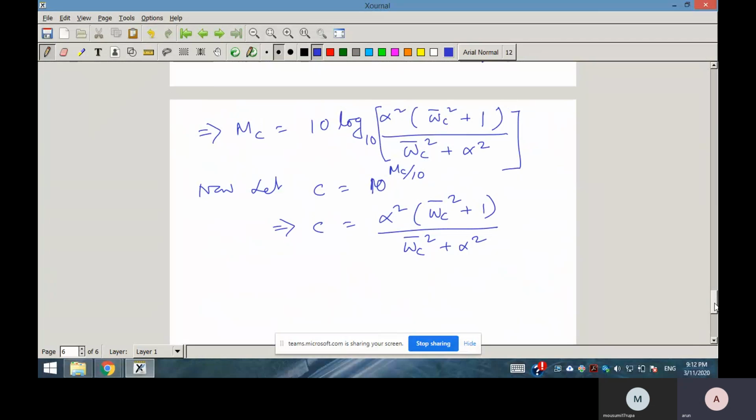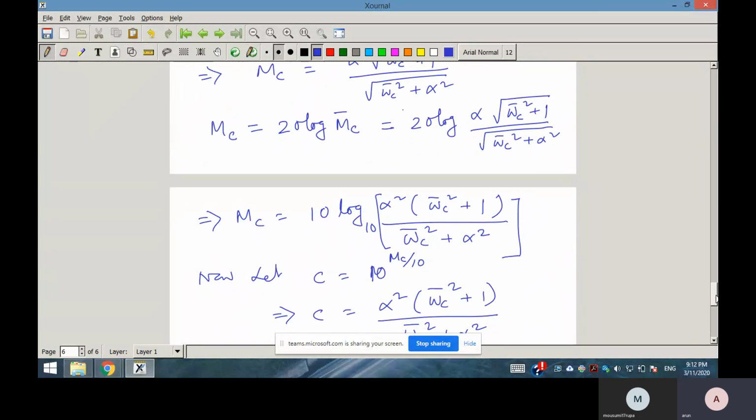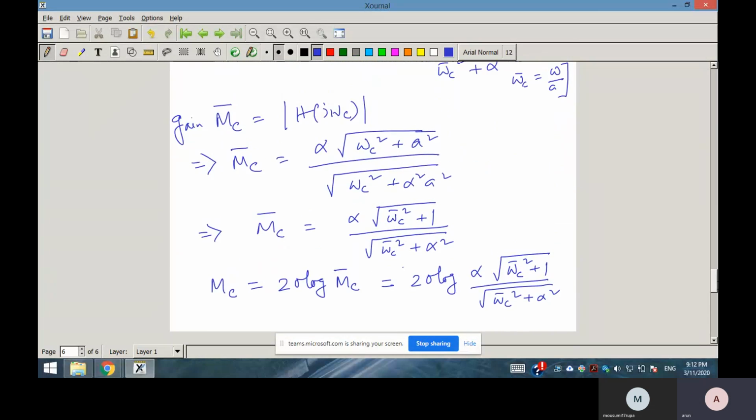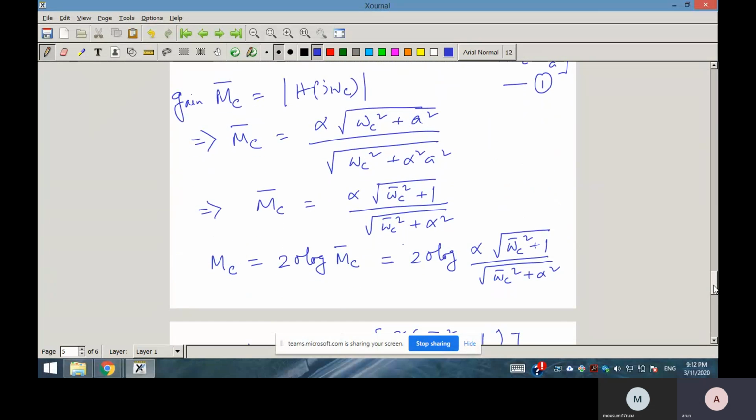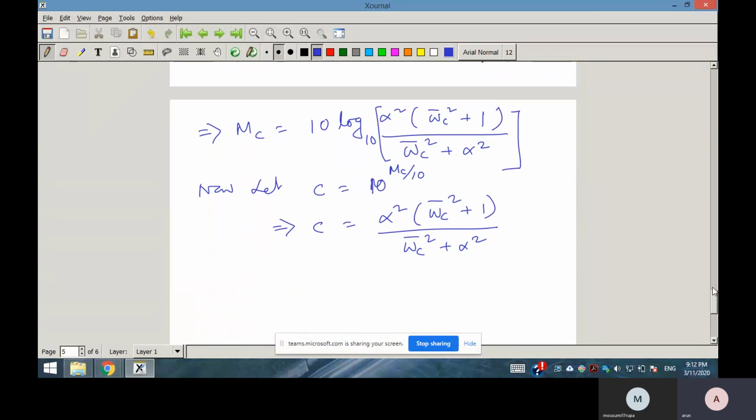So now suppose this is some equation number we have to give. Suppose Q equal to this one you consider as equation number 1. This is suppose C equal to this one you consider as equation number 2.